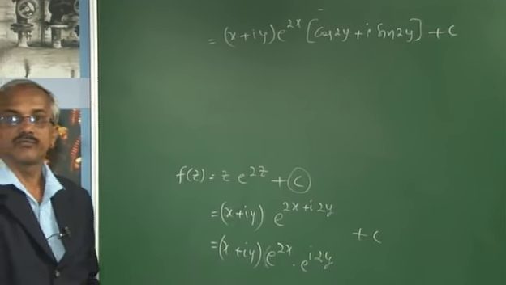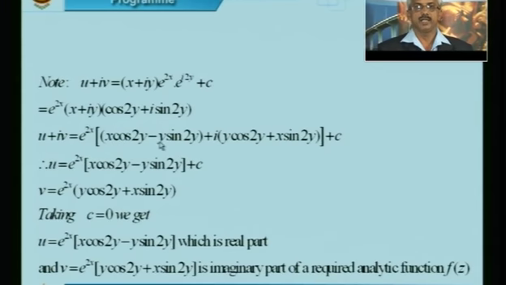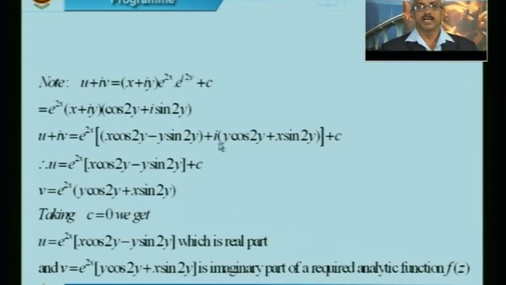After multiplication, this term takes this form. When you multiply x plus iy and cos 2y plus i sin 2y, we get e power 2x, x cos 2y minus y into sin 2y, plus i into y cos 2y plus x into sin 2y, then plus c.